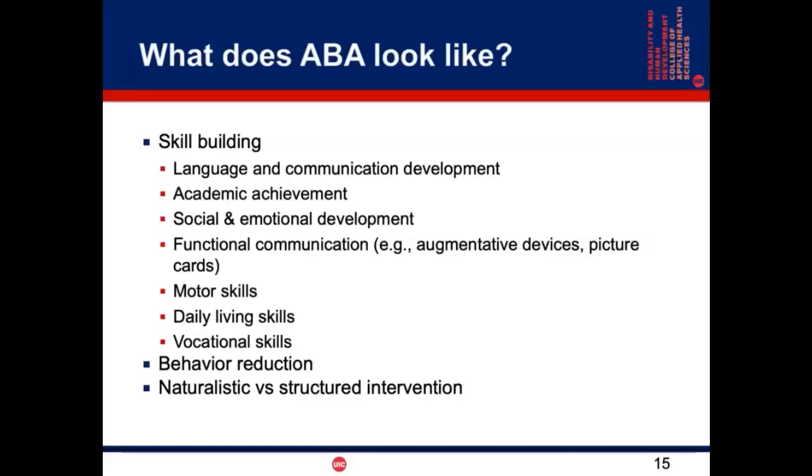And then also the behavior reductions that can concurrently come with replacing those maladaptive behaviors or deficits with new skills. And this can be done in both naturalistic and structured interventions. Depending on the role somebody plays in the client's life, whether it be a parent or a clinician, it may yield a different type of intervention structure.